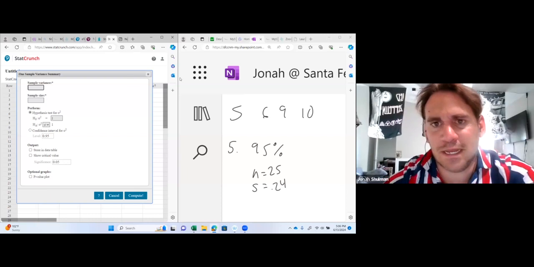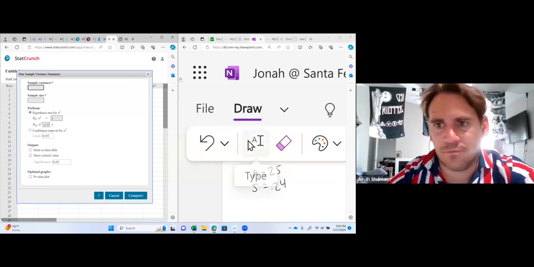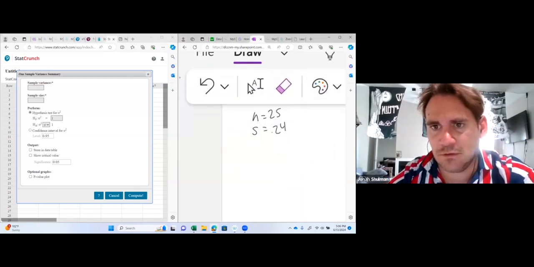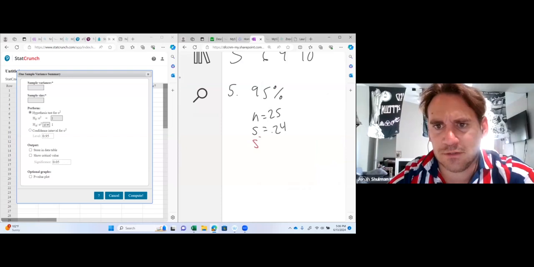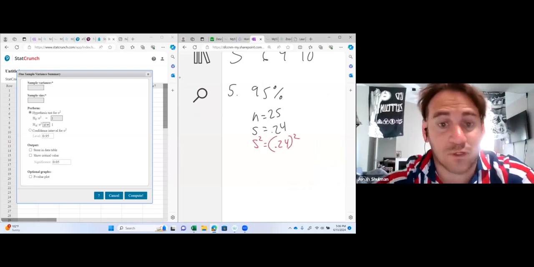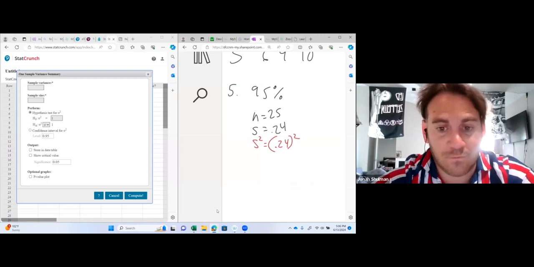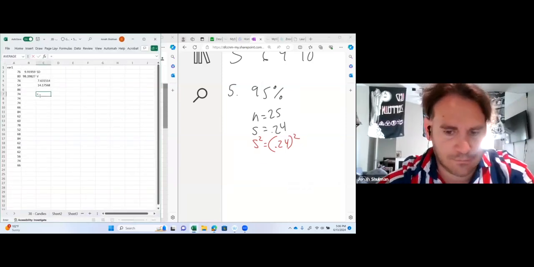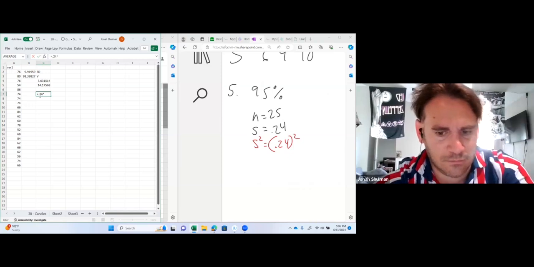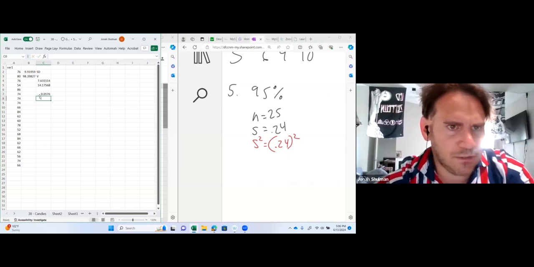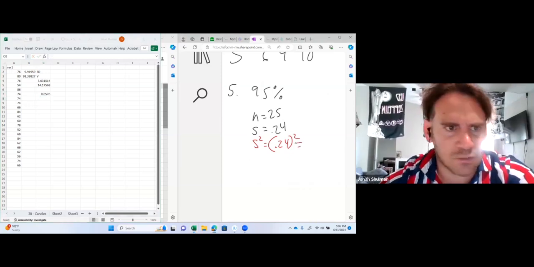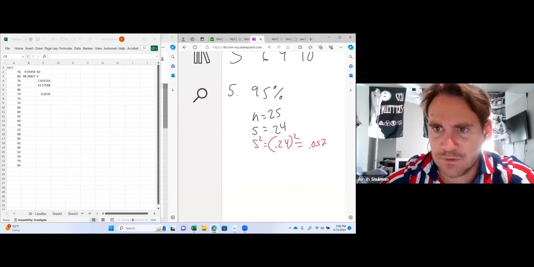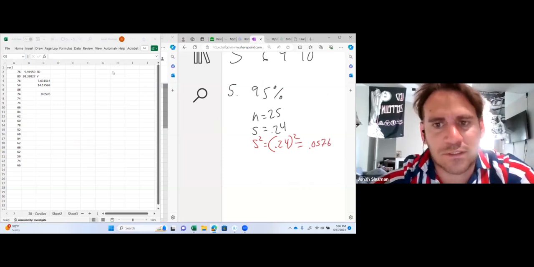So the first thing I have to do is square this to make it the variance. I have to take 0.24 and square it. That's my first step here. Just using this calculator, s squared is what? 0.0576. That's our first step.